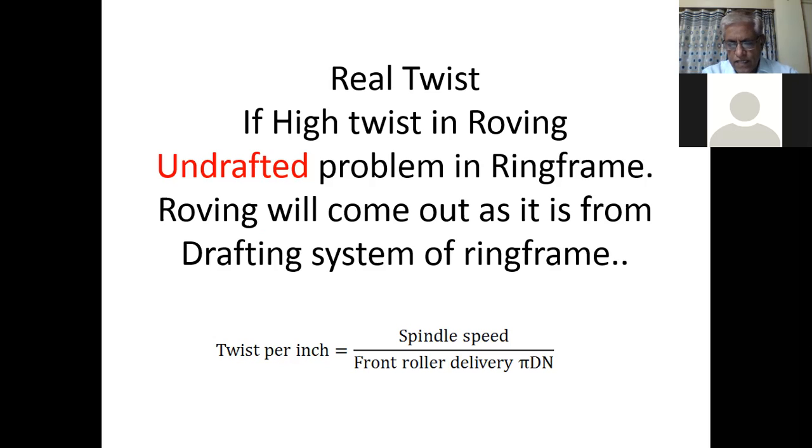If you are expressing the front roller delivery in centimeter, then it will be twist per centimeter. If the unit of pi dn is in meters, then twist per meter will be the final unit.